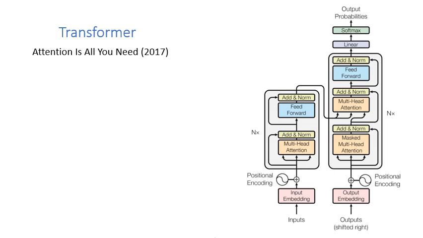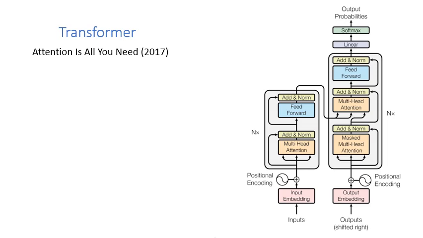There was a paper in 2017, Attention is All You Need, quite an appealing title for the paper, which introduced transformer and was a breakthrough in deep learning, and especially in natural language processing. And not only natural language processing, transformer has been used in other areas as well.